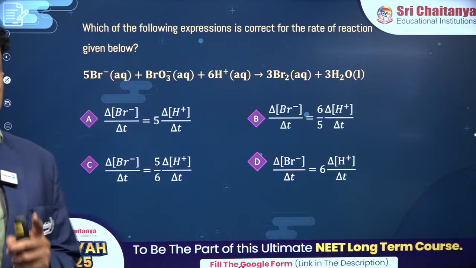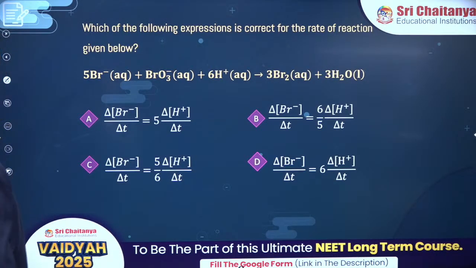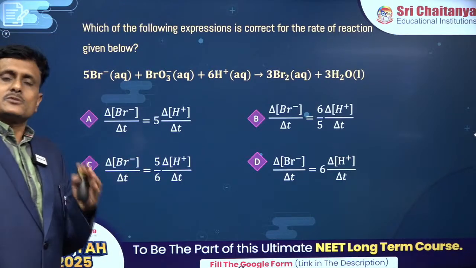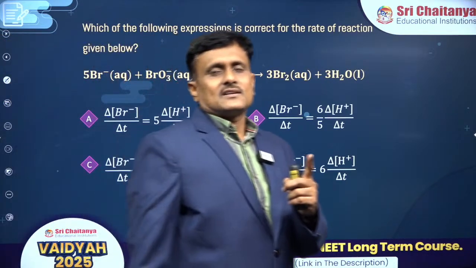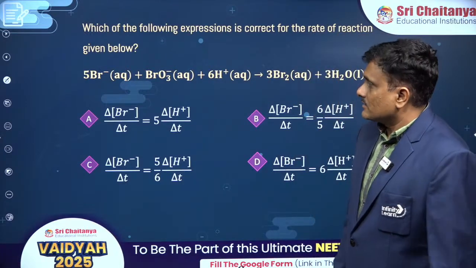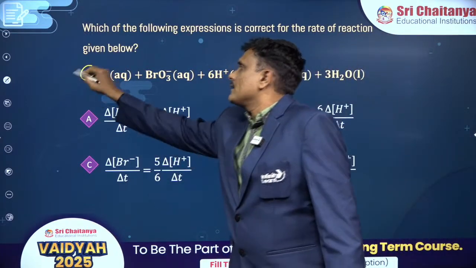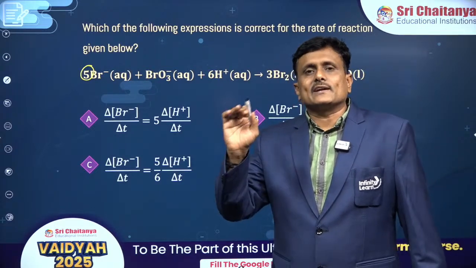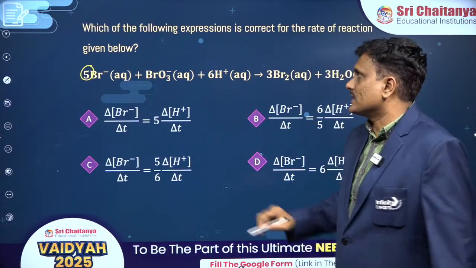Now the next question is also on chemical kinetics, and when you write the rate, you have to express this in terms of the stoichiometric coefficient. Always understand that whenever you are explaining in terms of the stoichiometric coefficient, always inverse the stoichiometric coefficient ahead of the change in concentration of that particular component.